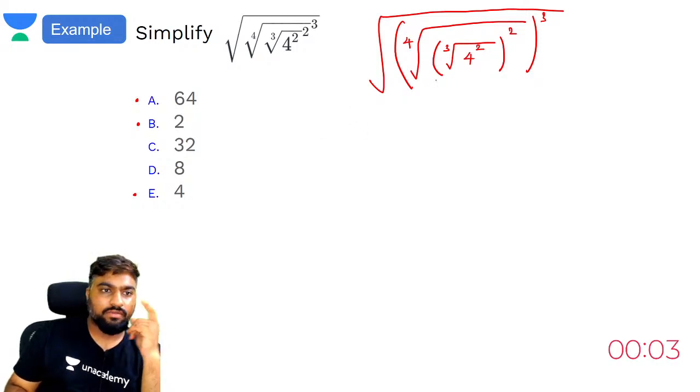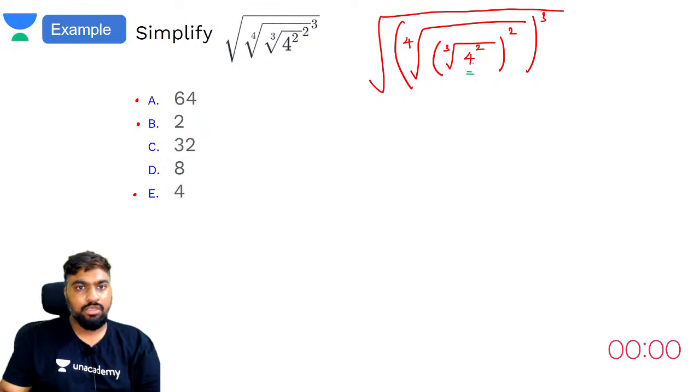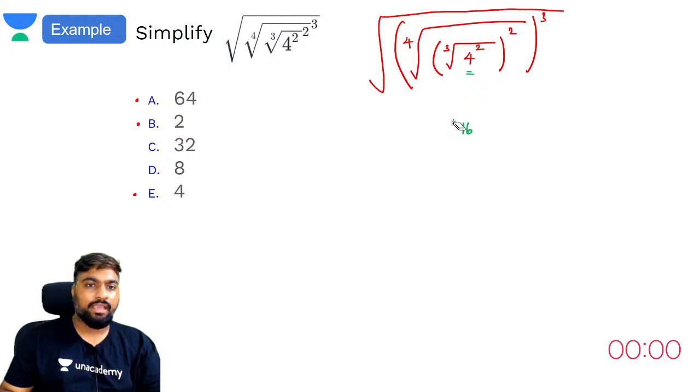So there are two ways of dealing with this. Either go from the innermost expression, start solving it one by one, or you can make all the roots as fractions and then do it. Okay, but my suggestion would be in this question, start from the innermost expression. So 4 square is what? 16. 16 का cube root. Yes, I can write this as 16 to the power 1 by 3. Correct?